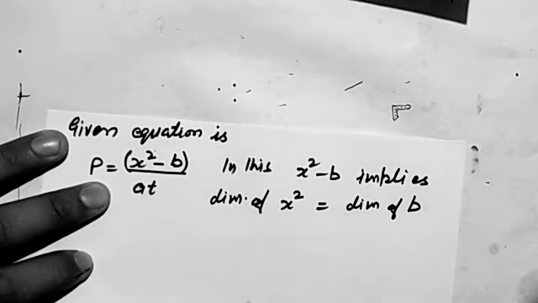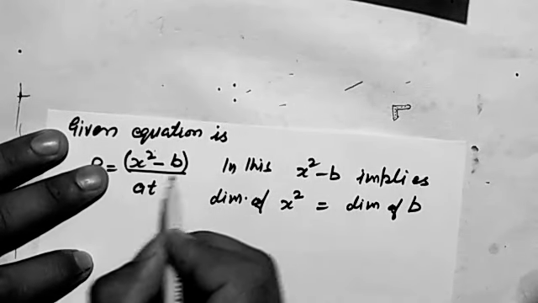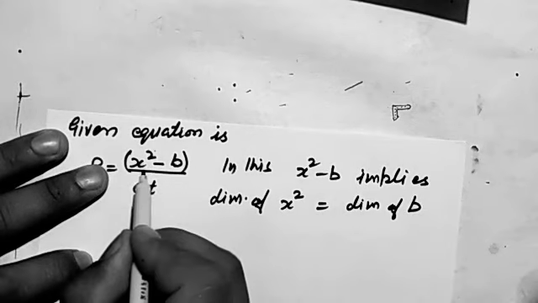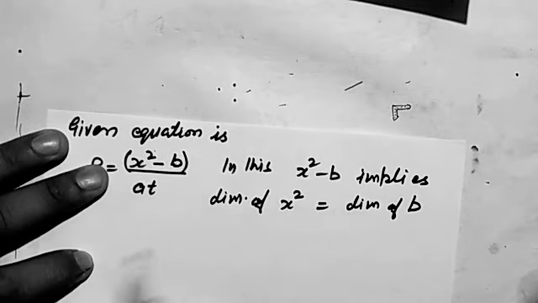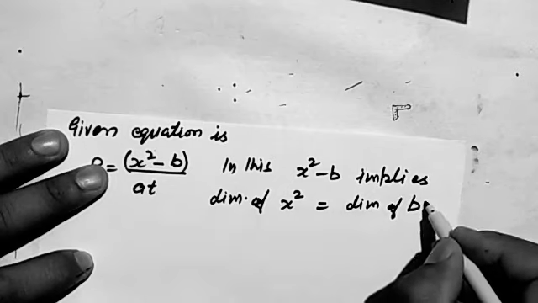From the principle of homogeneity, only the terms of same dimensions can be subtracted. So x square's dimension should be equal to B. Or from here you can find the dimension of B.